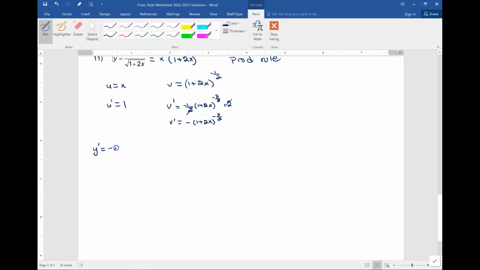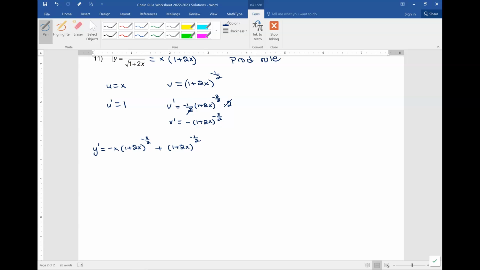So it's going to be negative x, 1 plus 2x to the power of negative 3 over 2, plus 1 plus 2x to the power of negative 1/2. Okay, at this point, are there any questions? I did uv prime and vu prime. Any questions now? Okay, now this is not simplified yet.